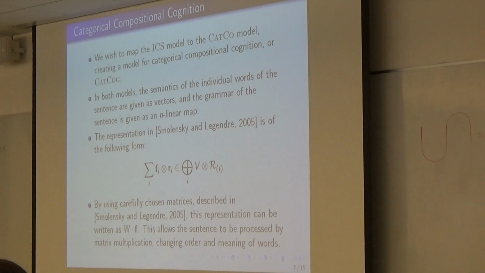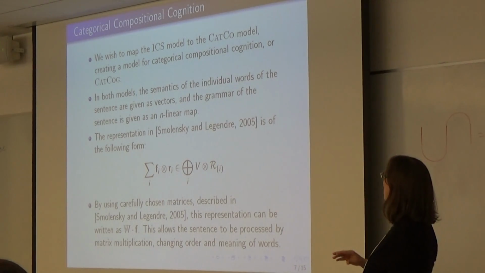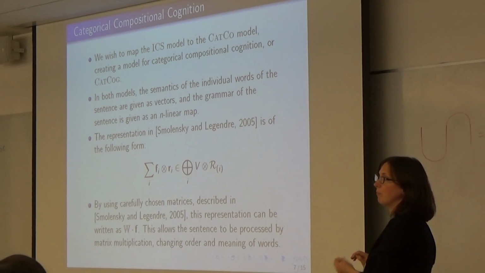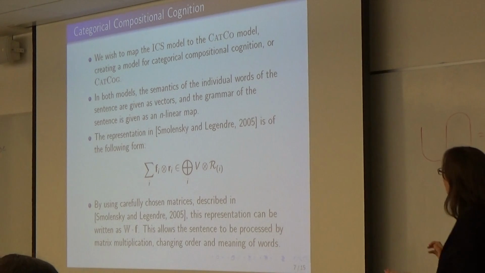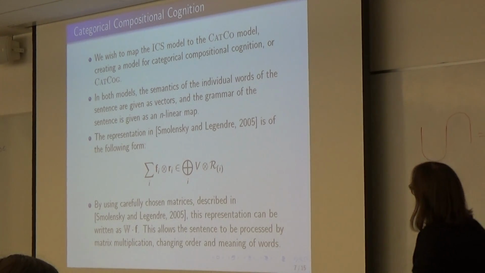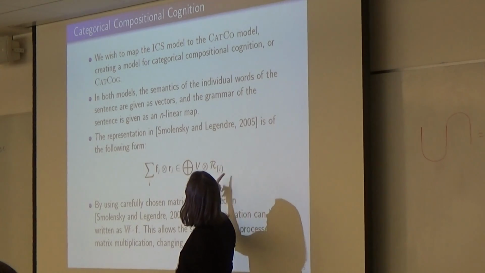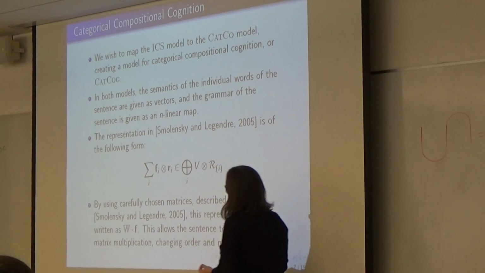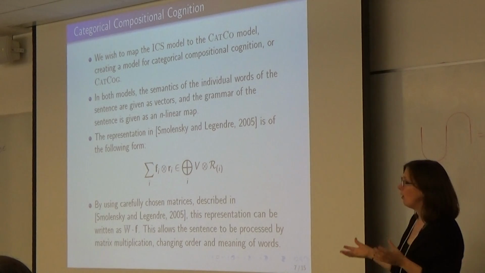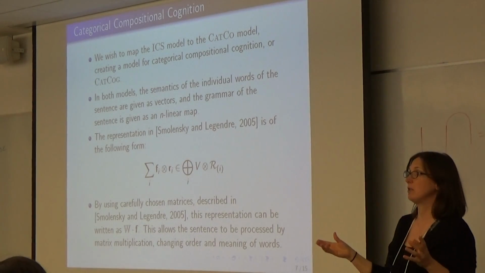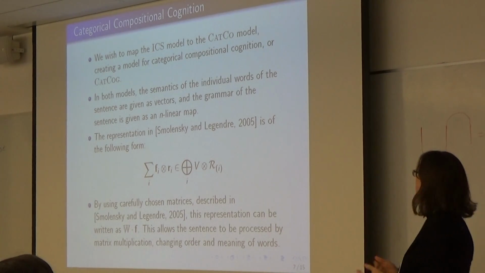Okay, so we want to map Smolensky's model over to the model I've just described. So in Smolensky's model, we have vector spaces that look like this. However, in both cases, we are actually working with vectors and linear maps.